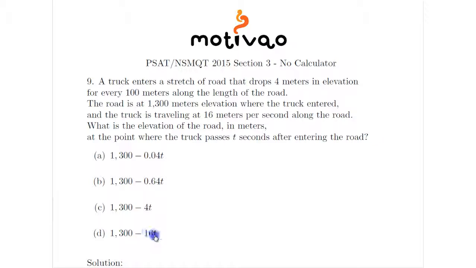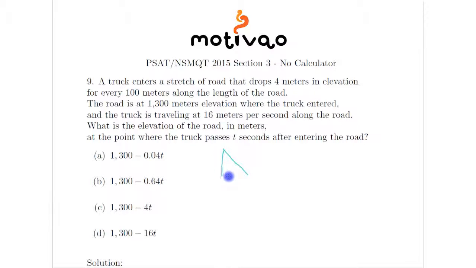Now, this one seems very intuitive as the answer because there's a 16 here, but don't be fooled, okay? You really have to calculate this question. So what I'm going to do is draw up a diagram with the information given. A truck enters a stretch of road that drops 4 meters in elevation for every 100 meters along the road. So how can I draw that?